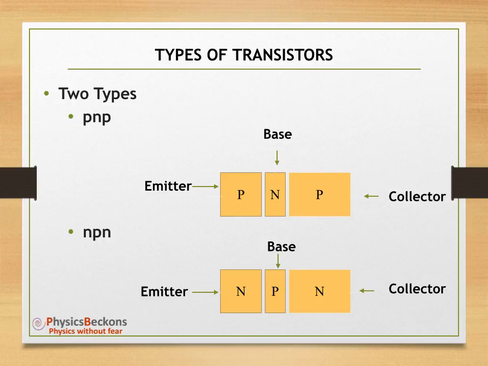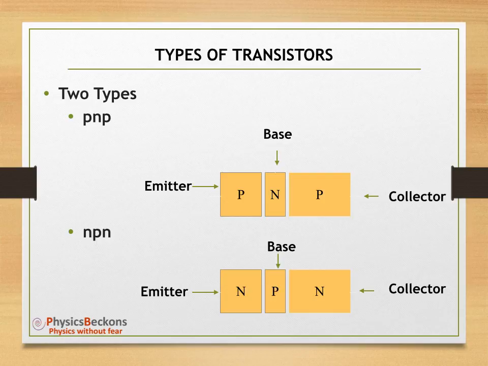If we take one of the two transistors, say NPN transistor, the central P region, that is the thin P-type part, is called the base and it has a very low doping level. It has two N-type crystals, one of the two N-types is called emitter and the other is called collector.